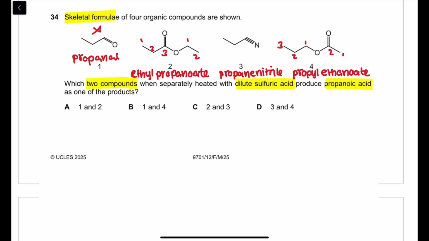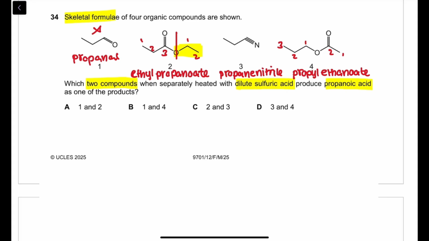Compound number 2 is ethyl propanoate. If dilute sulfuric acid is added, then ester hydrolysis would occur, and we would get ethanol and propanoic acid. Remember, it's split in half. So the part that's bonded to the oxygen, single bonded to the oxygen, is the alcohol part.